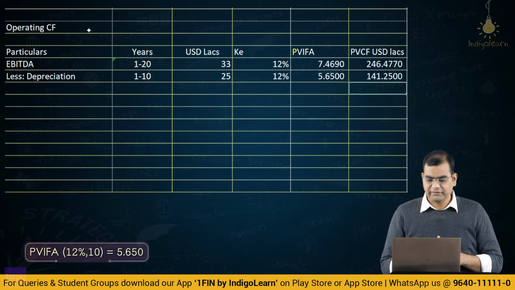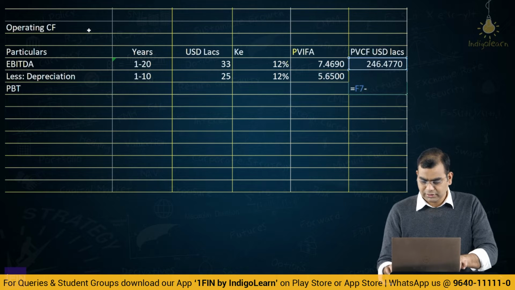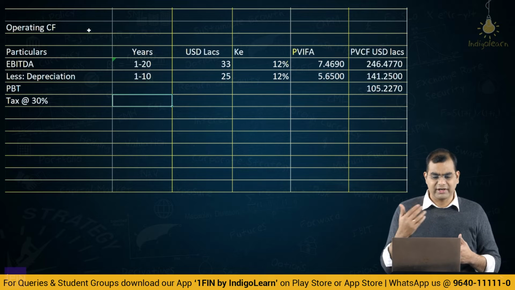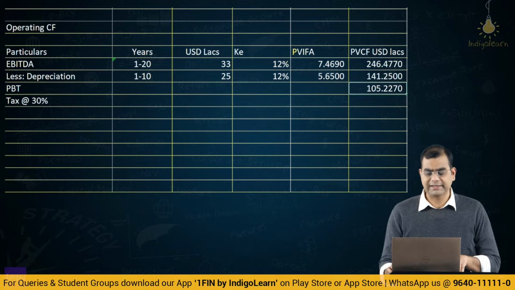Depreciation is a subtraction, then you get PBT of 105.2270. Then you can directly take tax at the rate of 30% because the tax is not changing. You need not again compute present value and future value for those. After computing PBT, we can directly compute tax.